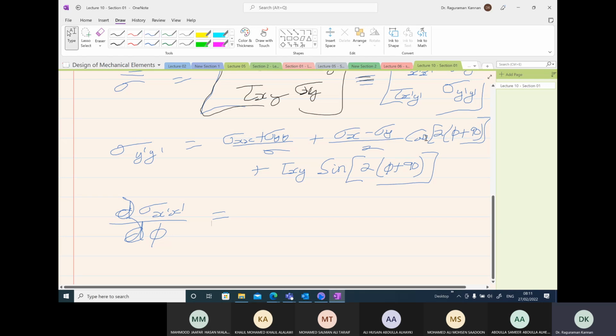If I differentiate the second term, forget phi plus 90, assume there is only the angle phi here. Differentiating the cosine term will give me negative 2 times sigma x minus sigma y over 2, then sine 2 phi.